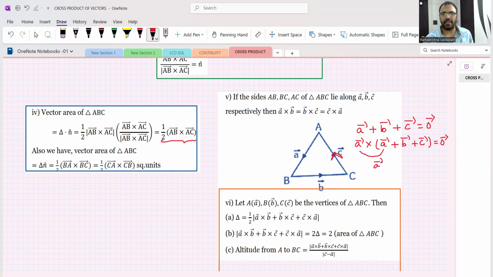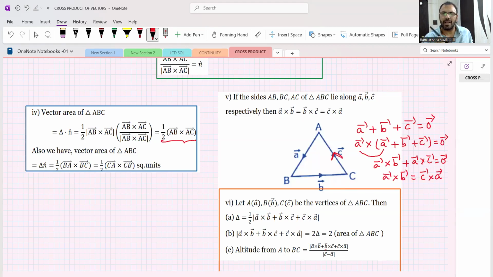So you write A cross B plus A cross C equal to 0 bar. Therefore A cross B equals negative of A cross C, and if you reverse the order, it becomes C bar cross A bar.